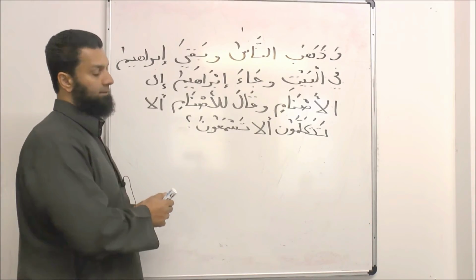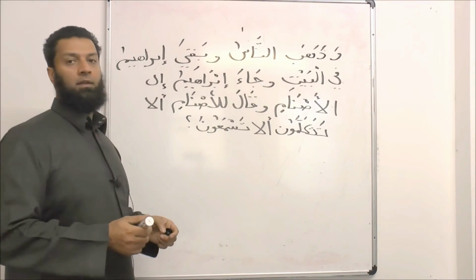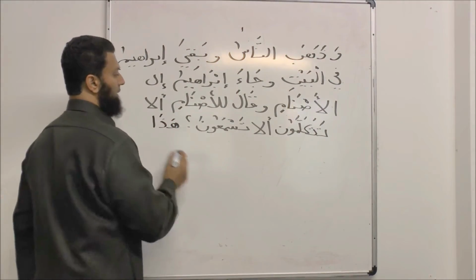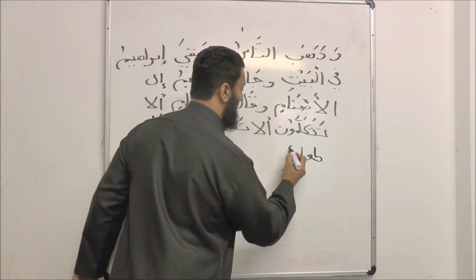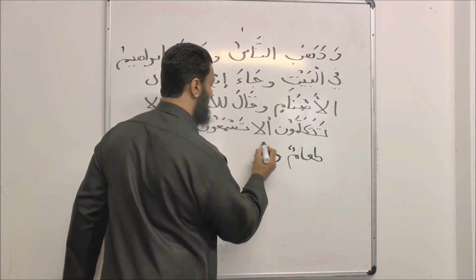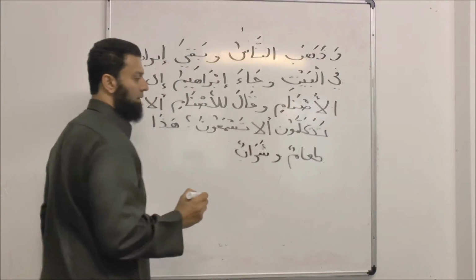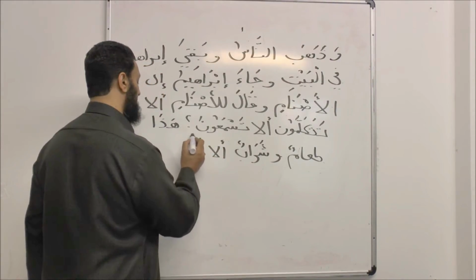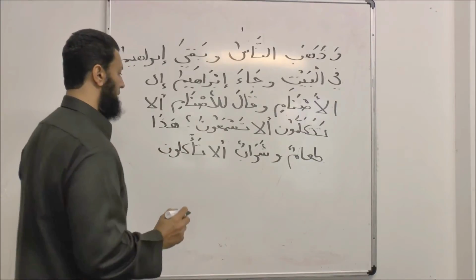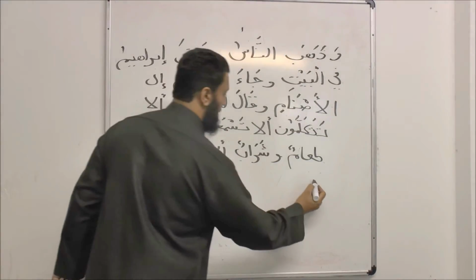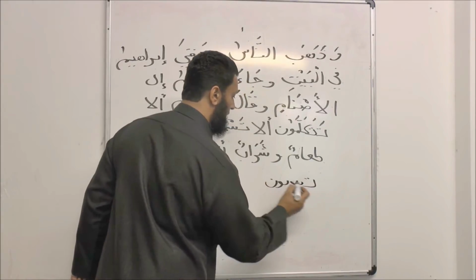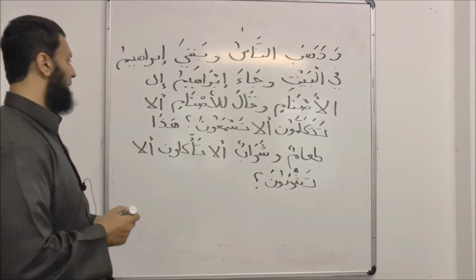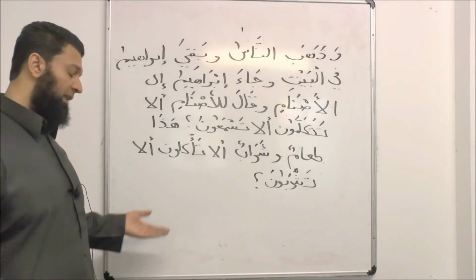So, the next sentence is: هذا طعام وشراب, ألا تأكلون ألا تشربون. هذا is this, اسم الإشارة.